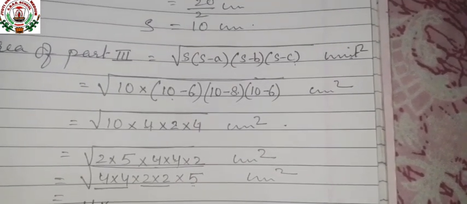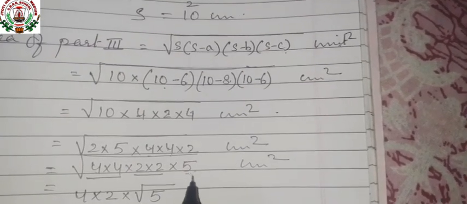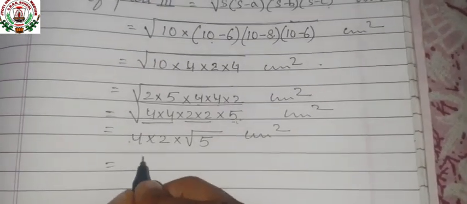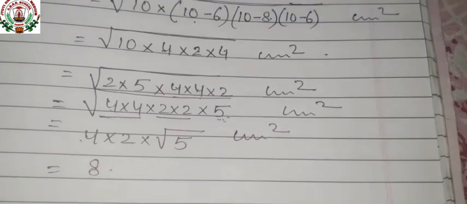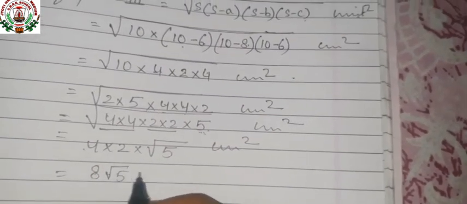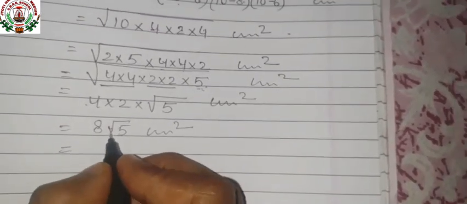So it will be 4 into 2 into root 5. 5 is unpaired, so it will be left as it is. So on multiplication this will get how much? 8. 8 root 5 cm square.